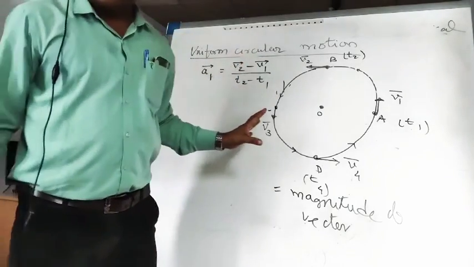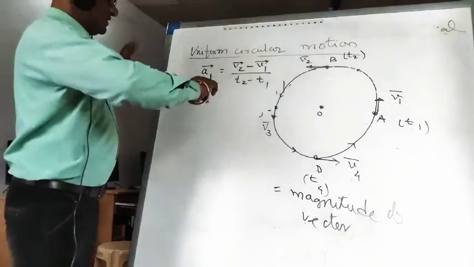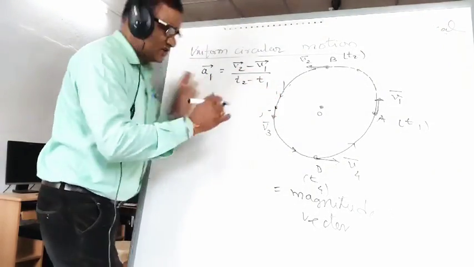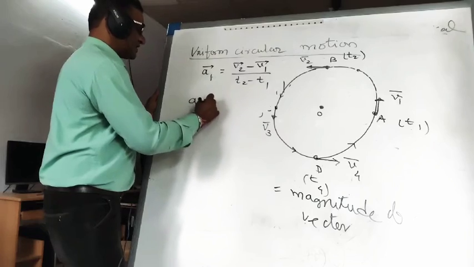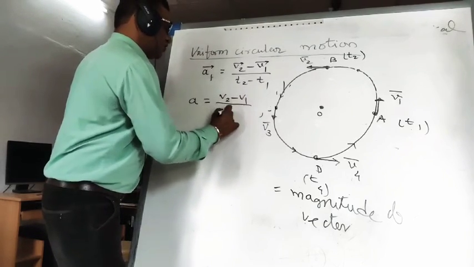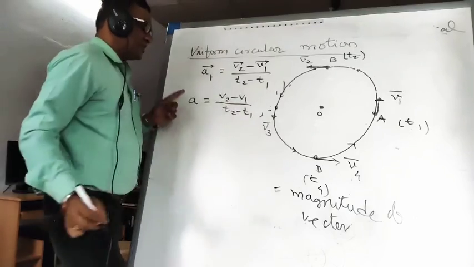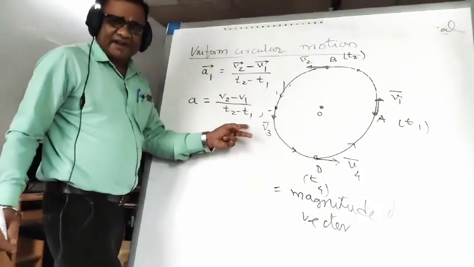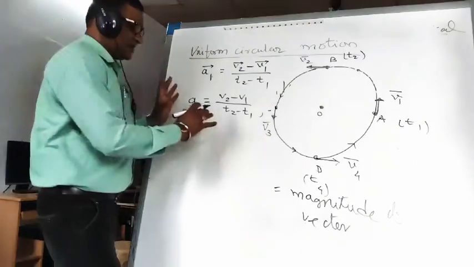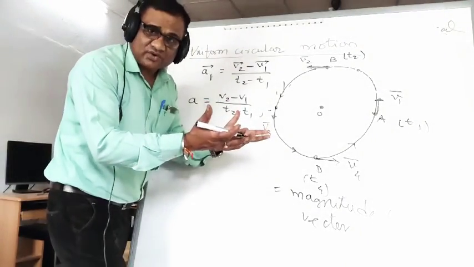This is acceleration. Without using the vector notation, only considering the magnitude, I will say that acceleration A is equal to V2 minus V1 upon T2 minus T1. Am I right? Change in velocity divided by time taken. This will be the acceleration. This will be the magnitude or value of the acceleration.